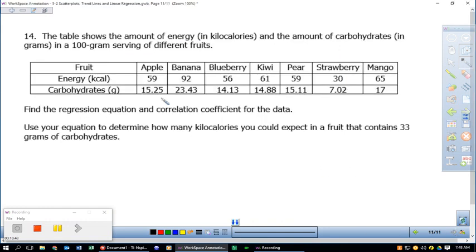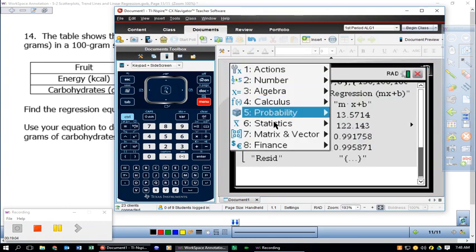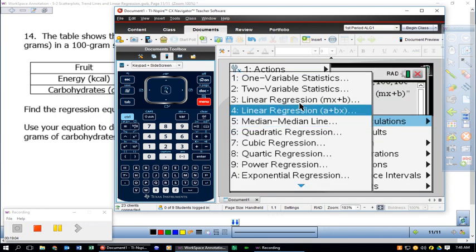Last problem. Find the regression equation and correlation coefficient for the data, and then we'll determine something else here. All we have to do is use this data right here. I'm going to go back to my calculator, menu, statistics, stat calculations, linear regression.